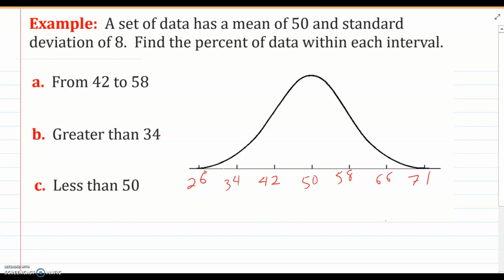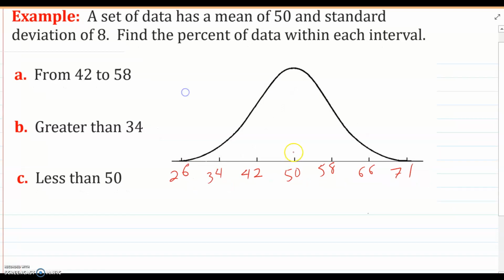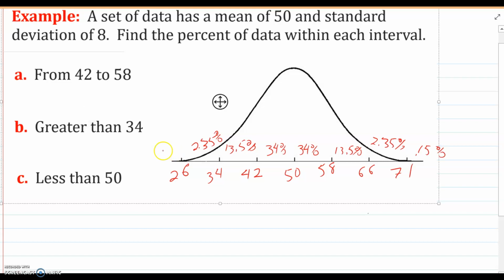Now, I also need to fill in my percentages and say in here is 34%, 34%. I'm going to be looking at 13.5% and 13.5%. I also am going to have 2.35% there, 2.35% there, and again remember my 0.15% in there and my 0.15% in here.